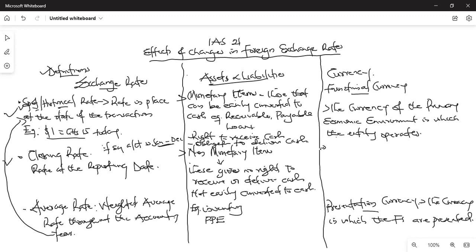So we say that the currency in which the majority of an entity's transactions take place.